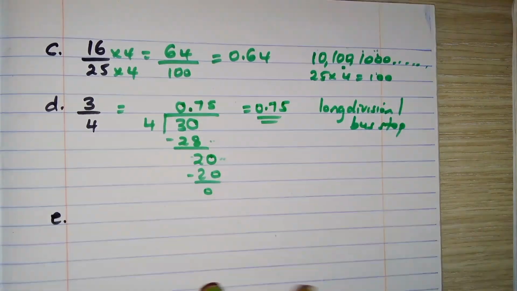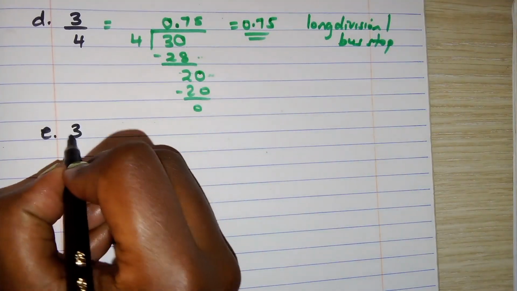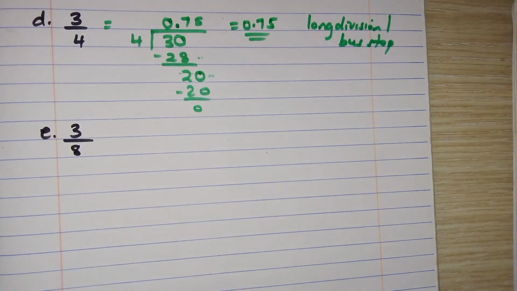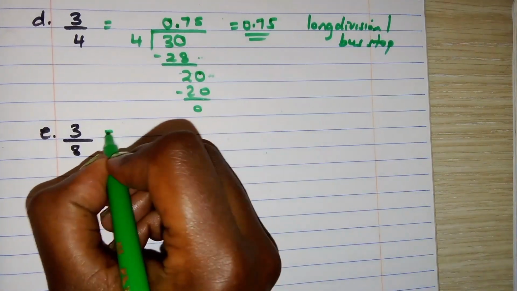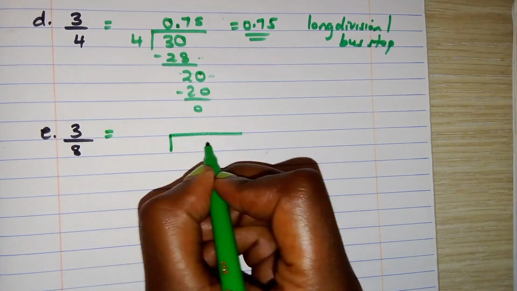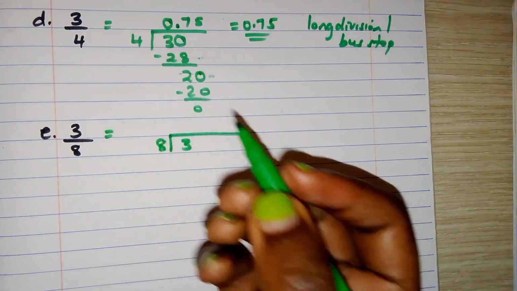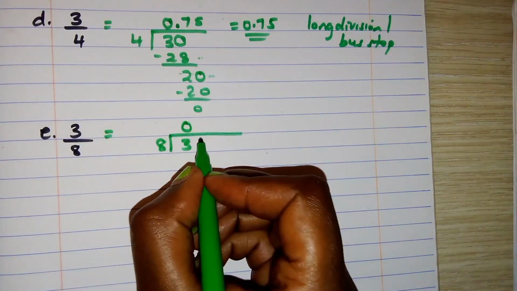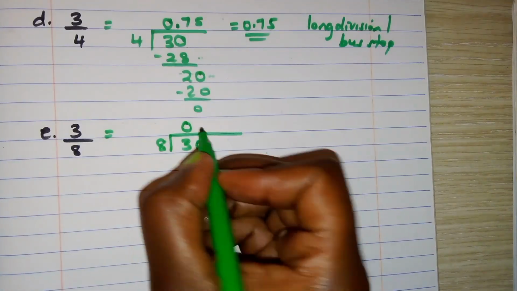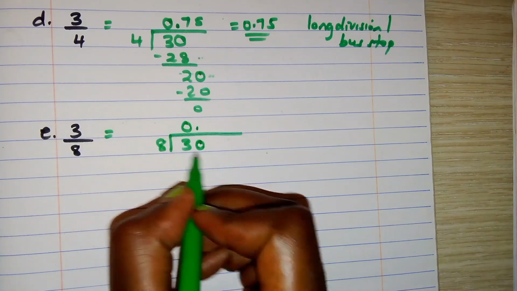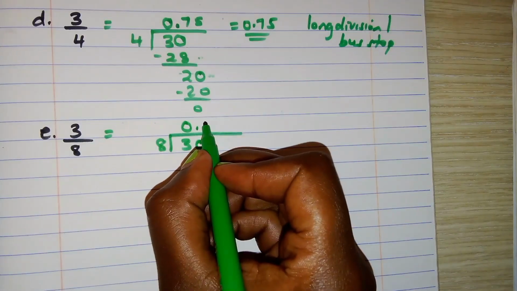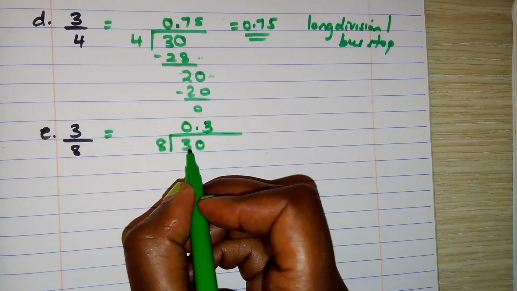The next question, 3 over 8. Again with the bus stop now. So 3 divided by 8. 8 can't go into 3, so put a 0. Again, it can't go into 3, add a 0 and a decimal point. 8 goes into 30 3 times because of 24.